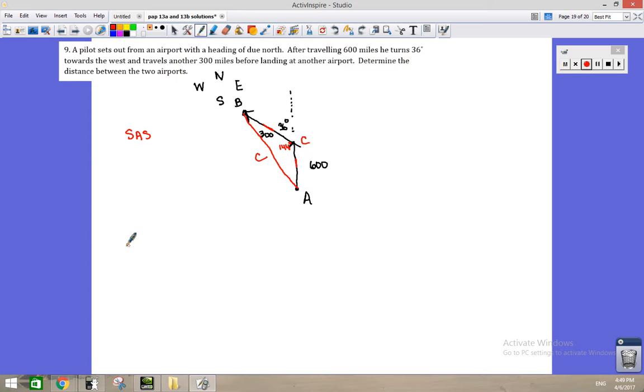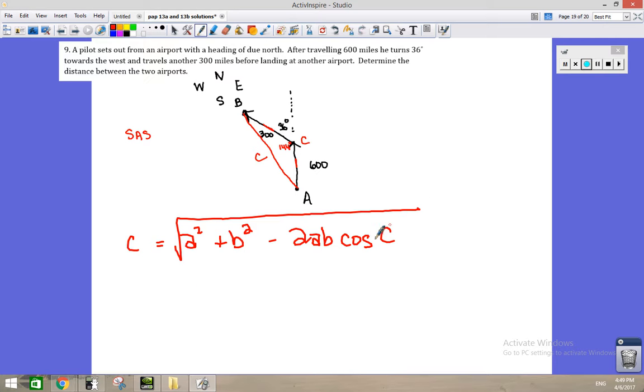I look to a reference sheet and I see that C squared is equal to A squared plus B squared minus 2AB times the cosine of angle C. Since I'm finding the length, I'll take the square root of each side, and I'll take the positive square root. I don't want a negative length. So I'm ready to substitute in my known values.